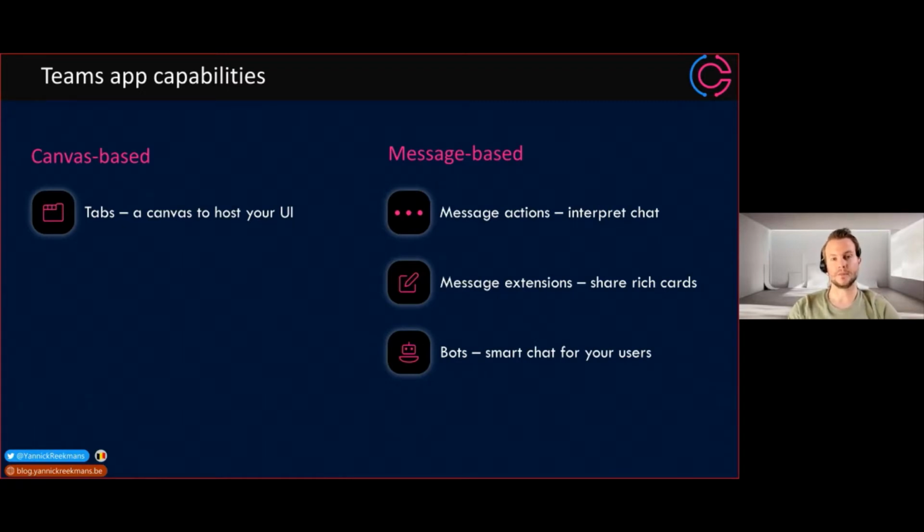Those are triggered by a message, either by interpreting the available chats or the text that gets sent to it, the ability to read out while you're typing your message and interacting with it to provide more contextual information with the message extensions, or bots that do a question-response type of interaction inside a chat with either you yourself or with multiple people. So it's up to you to choose which of these capabilities will fit best for your application.